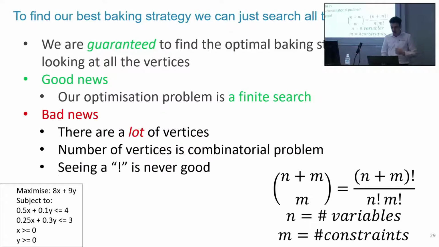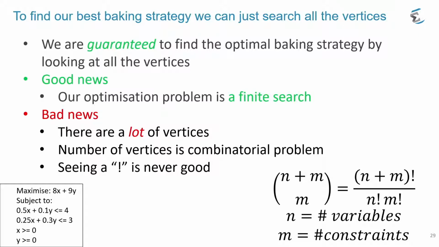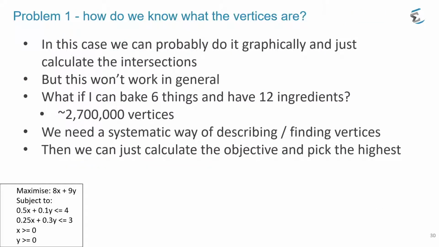So the terrible news is that there's a huge amount of vertices to look at. It's actually a combinatorial problem given by that expression. An exclamation point is never good in maths, never good when you're designing algorithms either. In the case where it's really small, in this 2x2 problem, we can literally just graph it and work it out.